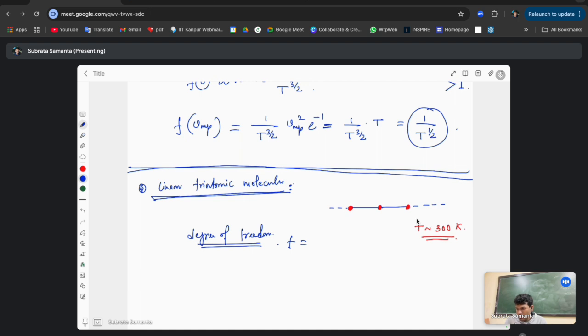What are the translational degrees of freedom? First of all, I want to discuss the translation. So in 3D space, they can translate.